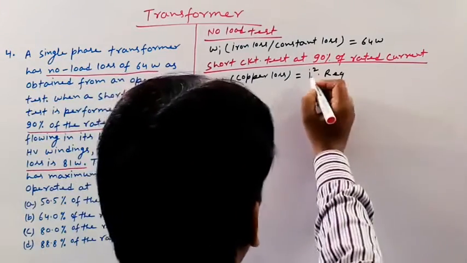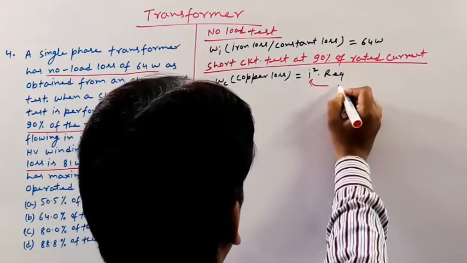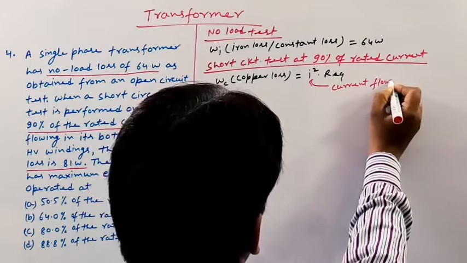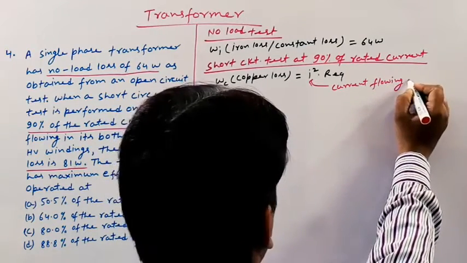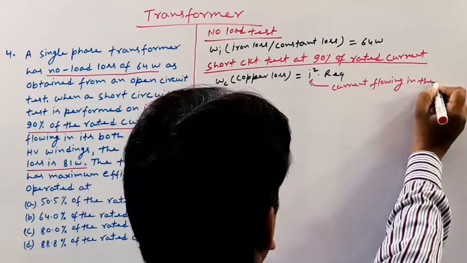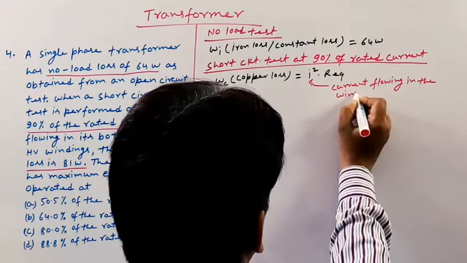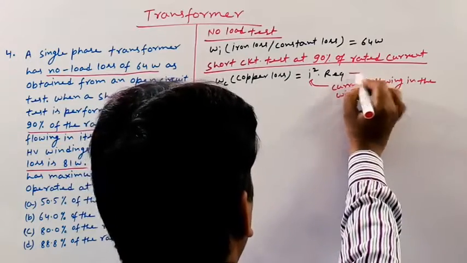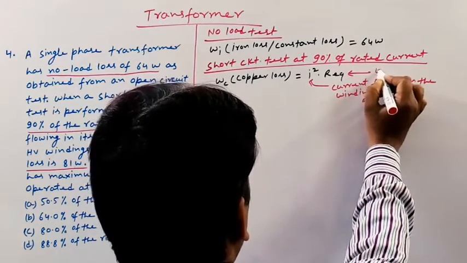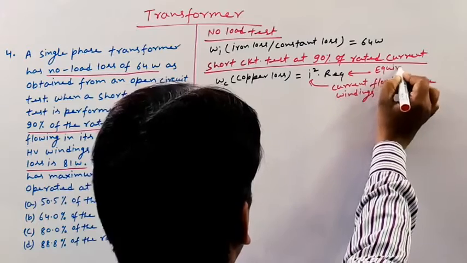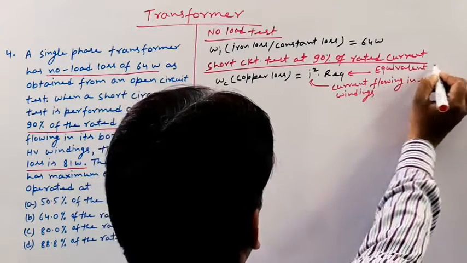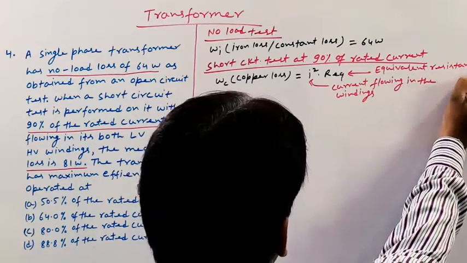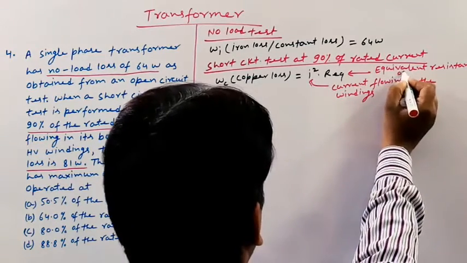So let me write here, where I is the current flowing in the windings, and R equivalent is equivalent resistance of winding.